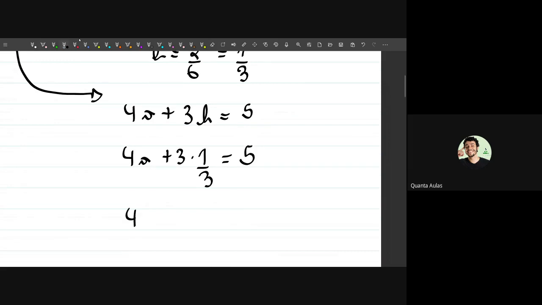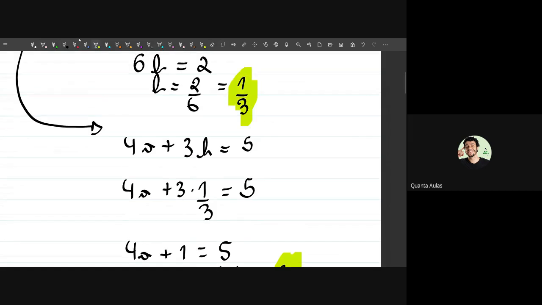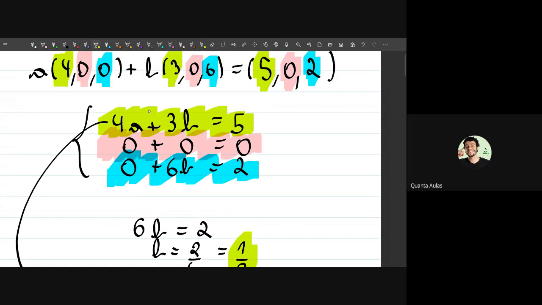So we have 4a plus 1, because we have this simple multiplication. We can pass 1 to the other side. We will have 4a equals 4, 4 over 4, 1. Okay, amazing. a is 1. b is 1 over 3. Perfect and easy.